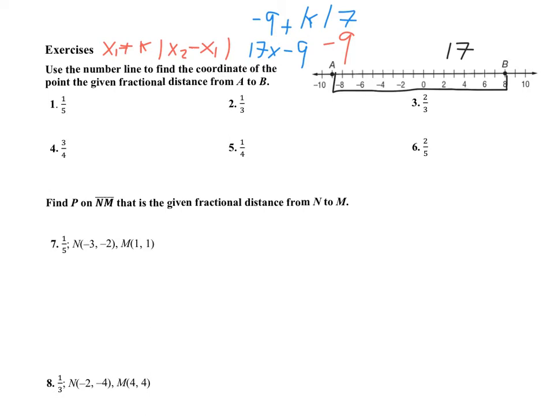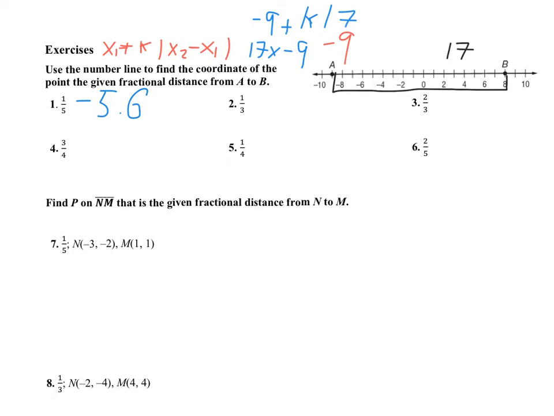So, for instance, if I plug in 1/5 into this x, 17 times 1/5 minus 9, that should give me about negative 5.6.